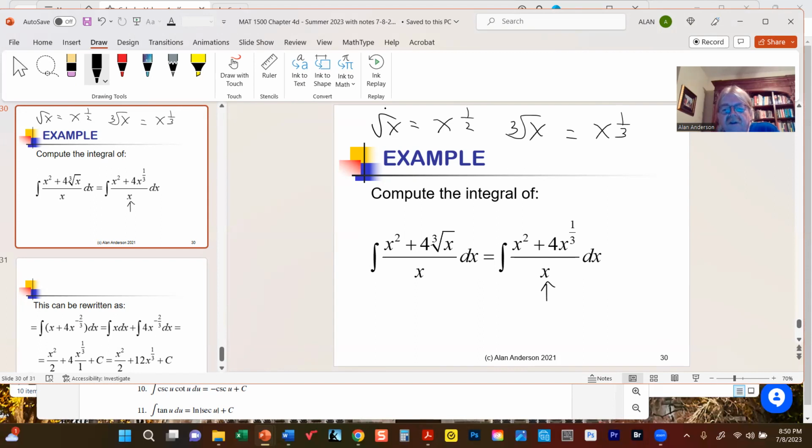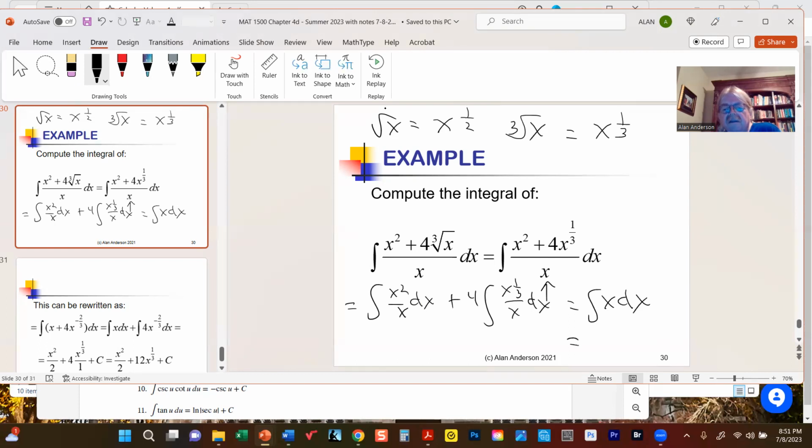Luckily, all these terms are a function of x. So what you could do, say, well, you know what? This is x squared over x dx plus 4 x to the 1/3 over x dx. So the first term is just x. The second term is actually x to the minus 2/3 power, because what you're actually doing here, let me try that again.